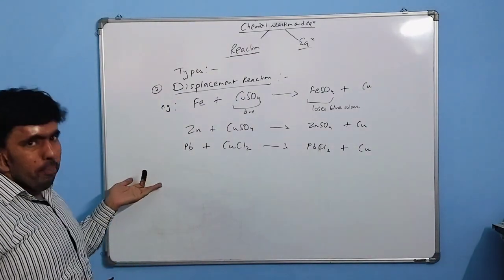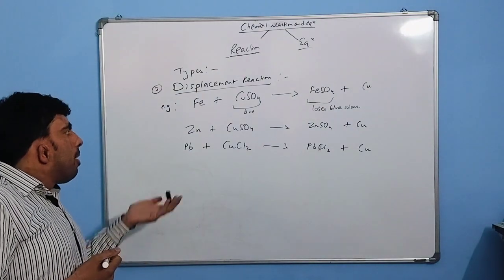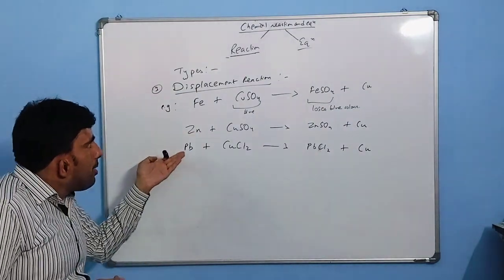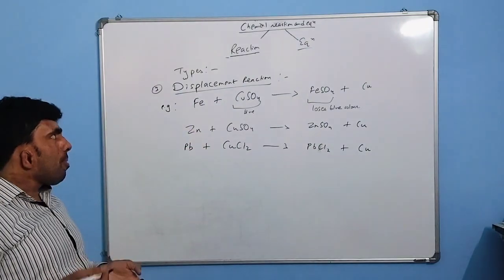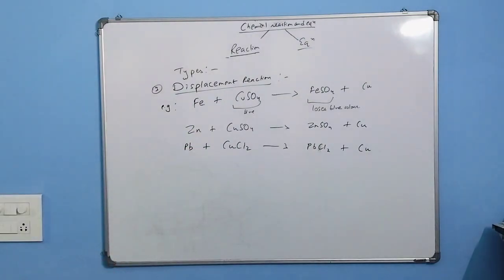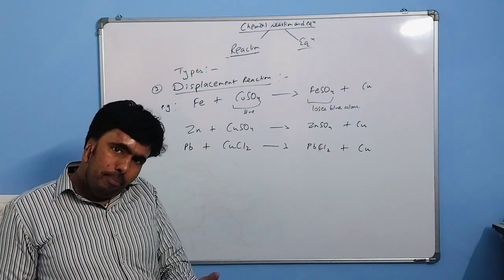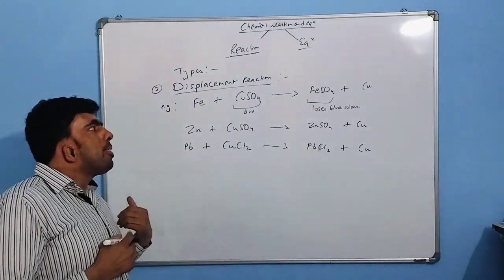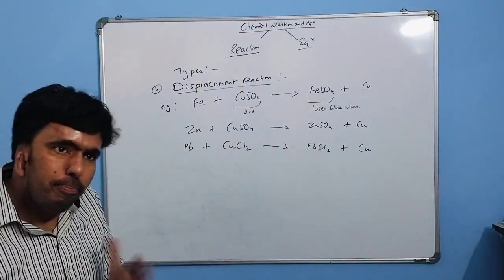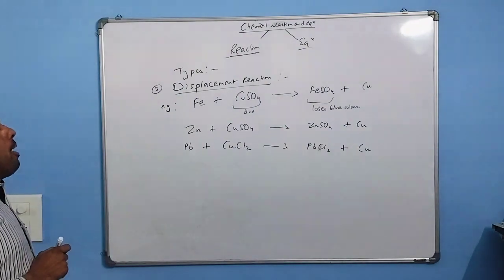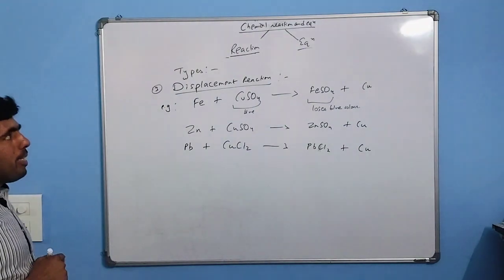So from this type of reaction we are able to find how highly reactive metals displace least reactive metals. That is why this reaction is called a displacement reaction. More examples we can take, but let's move further.